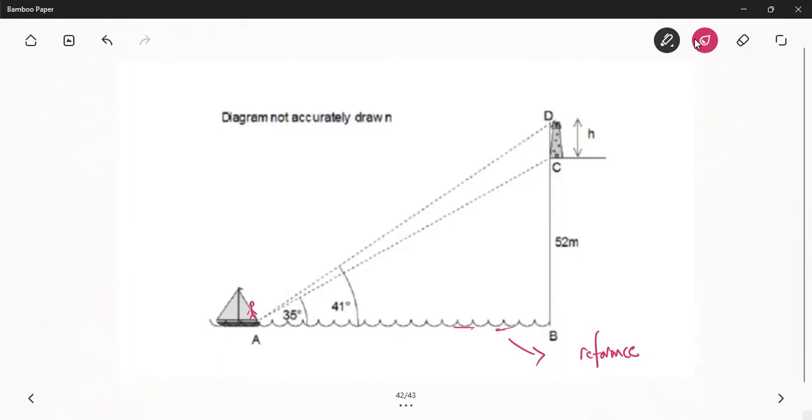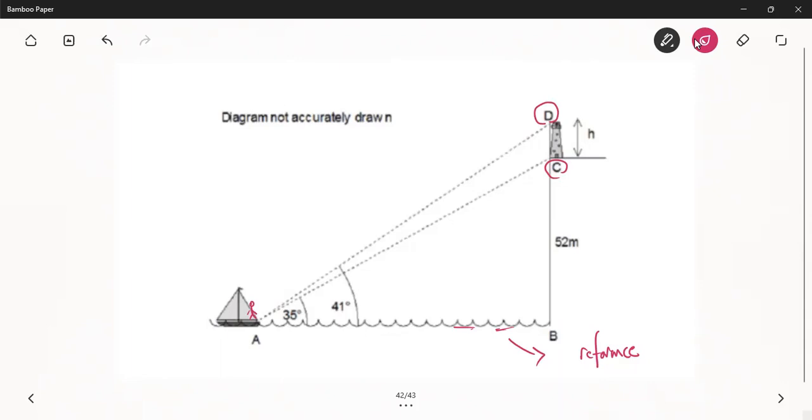Now, as yesterday, we are measuring 2 angles with respect to the reference line. The first one is with respect to the points C and D, which are the bottom and the top of the lighthouse. The first angle, Chloe, that Lucas is going to measure is from where he is standing on the boat all the way to the bottom of the lighthouse, the sea.